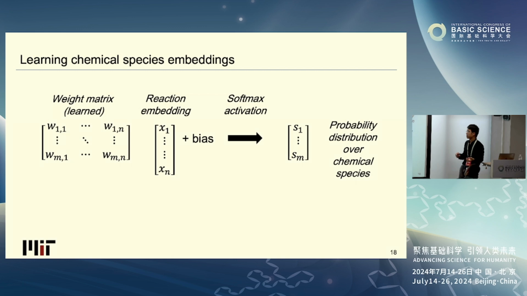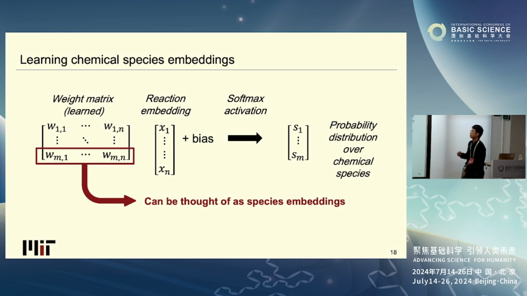We also found that through this process, while we treated these reaction conditions as just discrete labels, through the learning process the model is able to learn the similarity of these chemicals based on how they are used in the reactions. So we can go back to the weights of the trained model and extract some vectors that can be used to represent similarity.